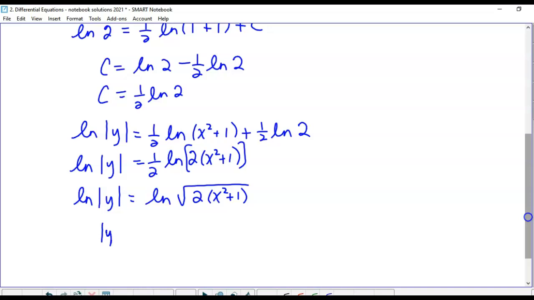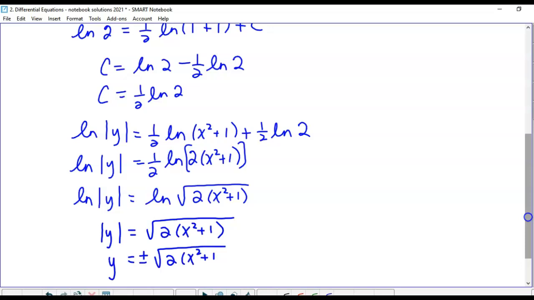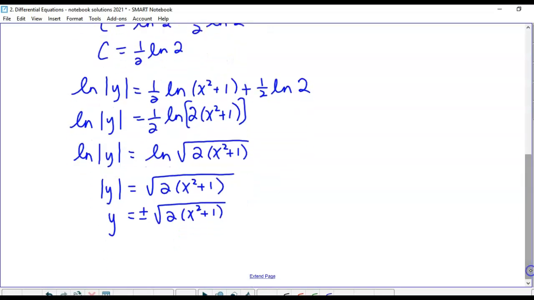So now the absolute value of y equals the root of 2 times x squared plus 1. So y equals plus or minus. But for the point 1, 2, this would be the positive, because we have a positive y value.